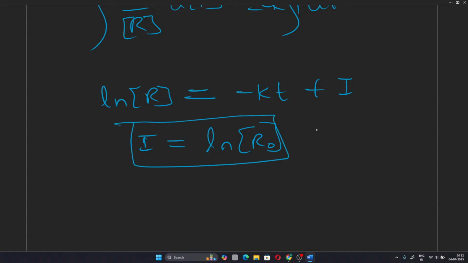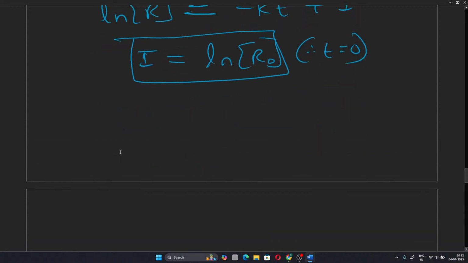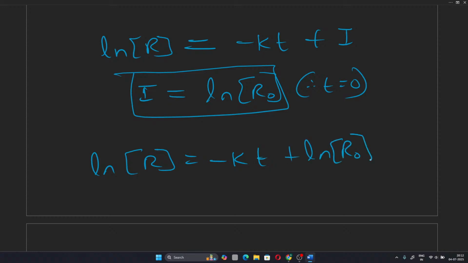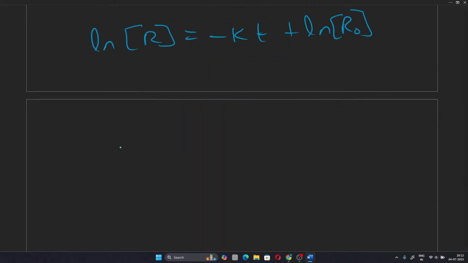Then from this equation we get ln r equals minus kt plus ln of r naught, r initial.